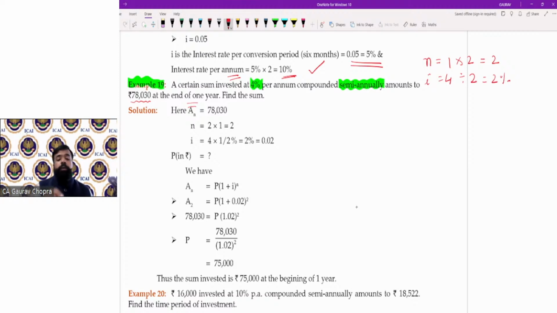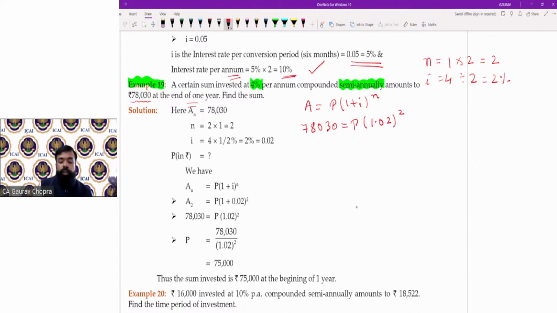Now let us apply the formula. For amount, the formula is principal, then 1 plus I whole to the power of n. In place of amount, we can substitute the values, and now principal we have to calculate. What is the square of 1.02?